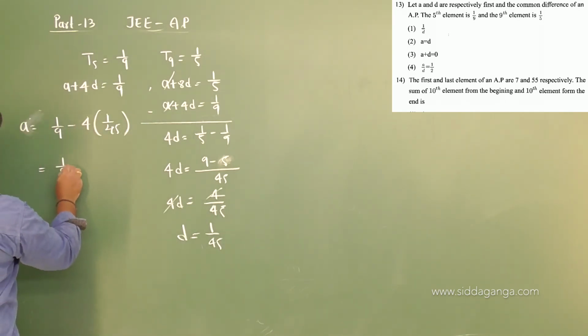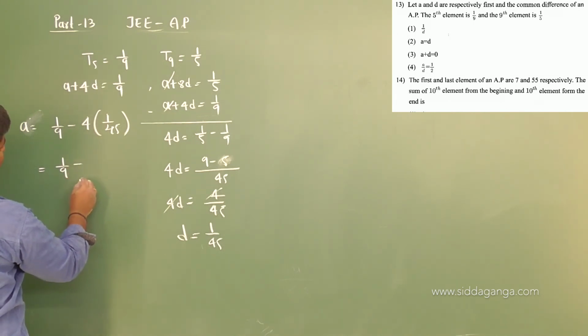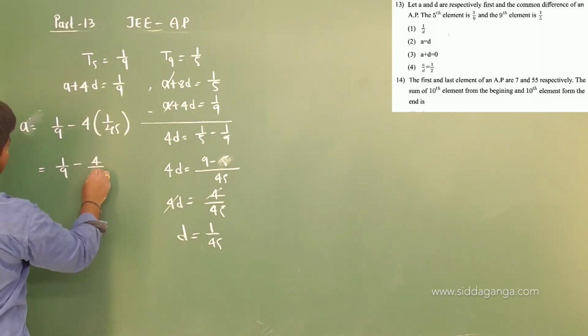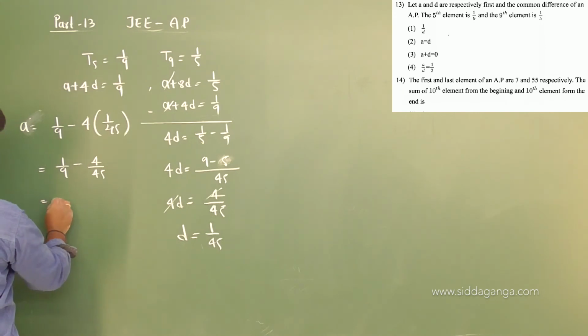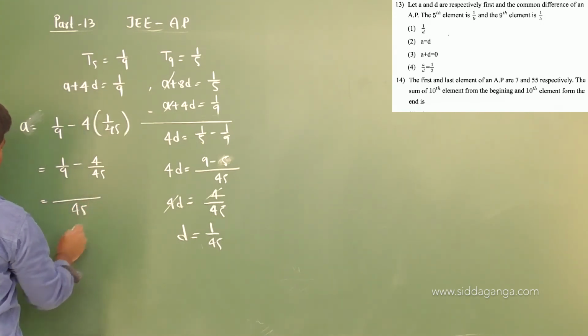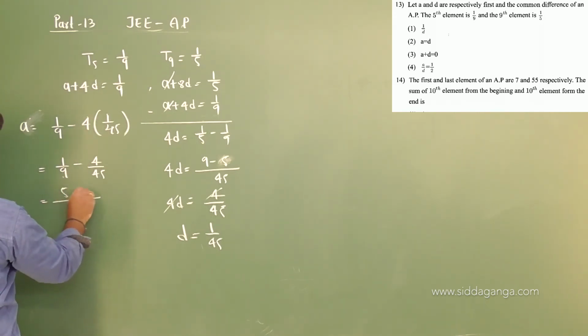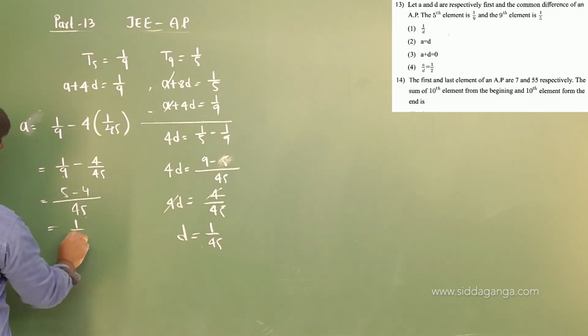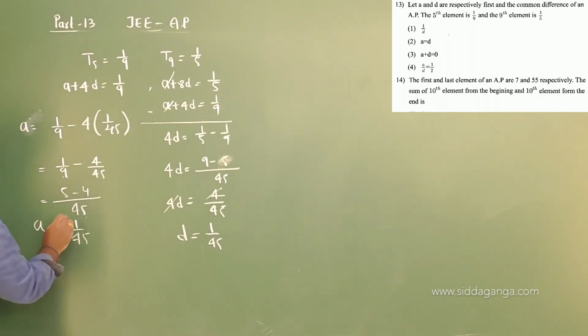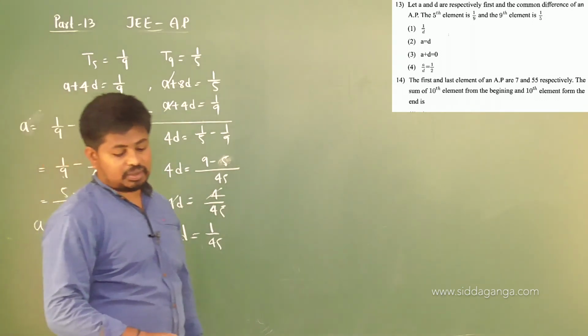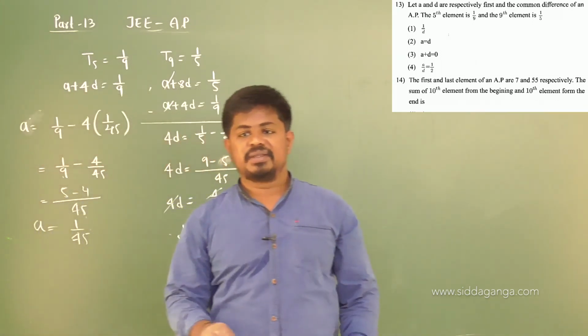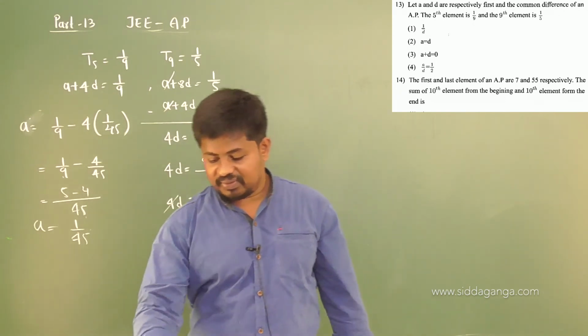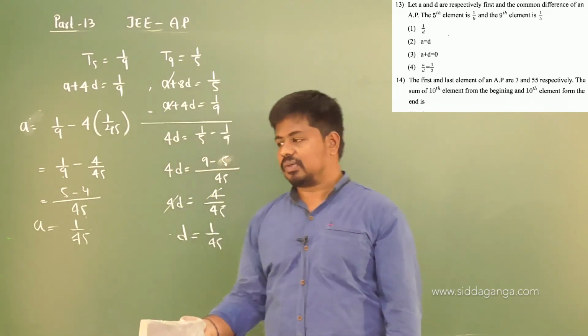So 1 by 9 minus 4 by 45. So 5 minus 4, you get 1 by 45. So both A and D are equal. That's it. Even option 2 is the correct one. In this case, both the first term and the common difference are the same, equal to 1 by 45.